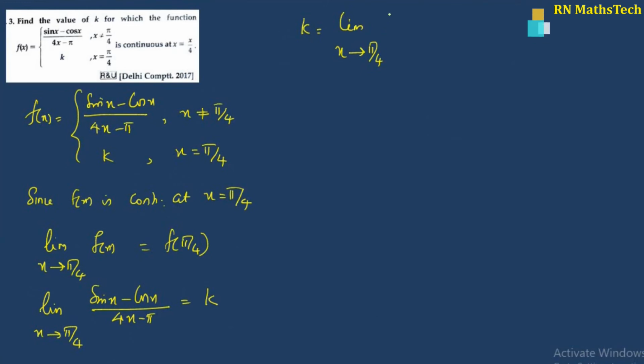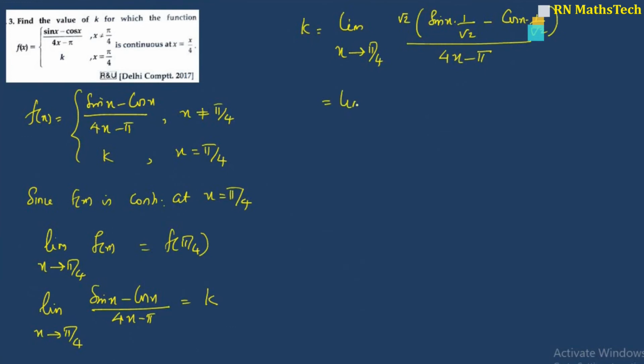For the sin x minus cos x, multiplying and dividing the numerator and denominator, sin x minus cos x can be written as root 2 into sin x into 1 by root 2 minus cos x into 1 by root 2, by 4x minus pi.